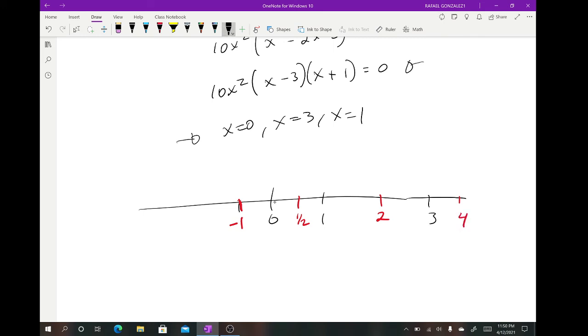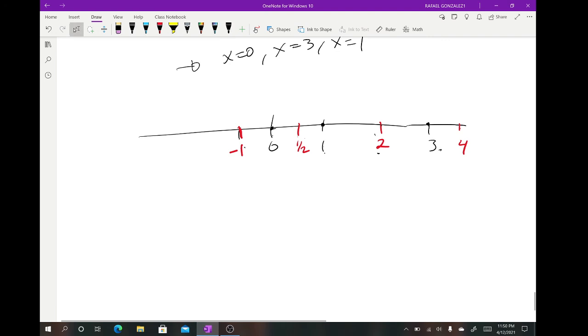Again, you always want test points to the left and right of any critical value. It's okay if critical values share a test point. Like, for example, 1 and 3 are sharing 2.